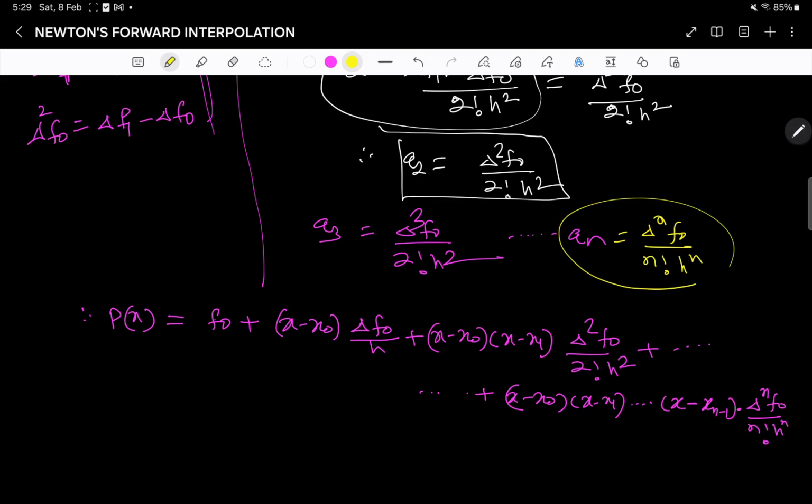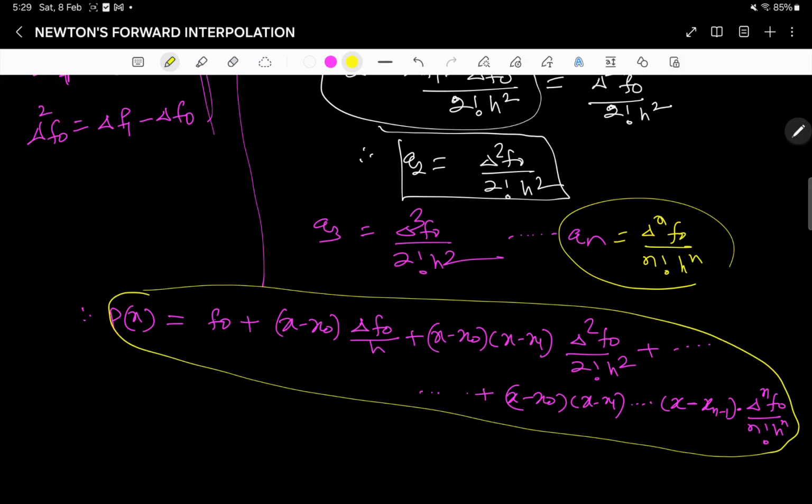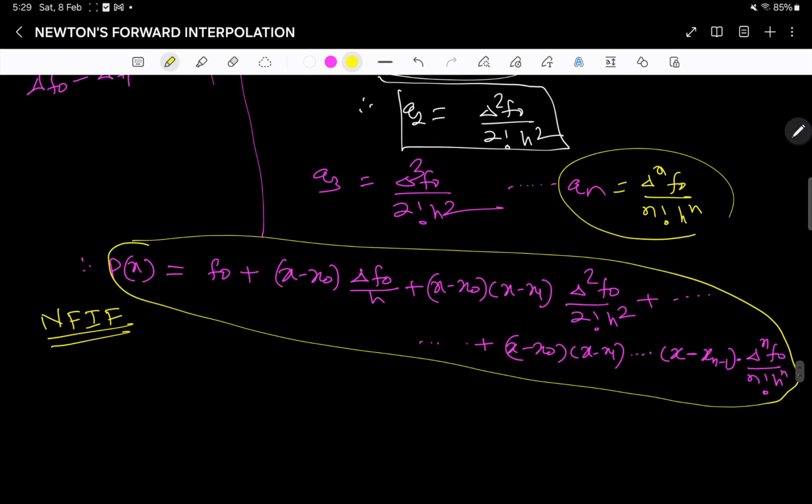So in that way we substitute it. So this is the polynomial for Newton forward interpolation. Okay, Newton forward interpolation formula. So this is the formula here. So if a polynomial is asked, find polynomial, then it is fine, we will use this formula.